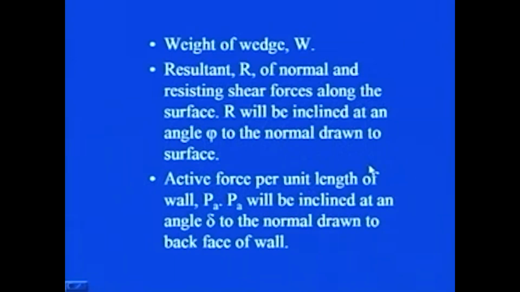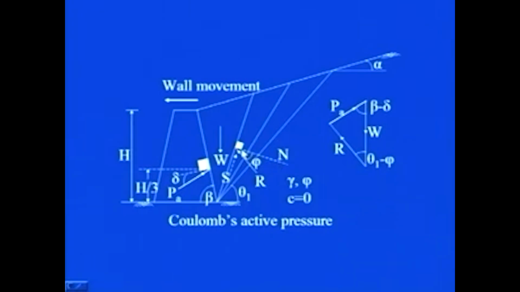R will be inclined at an angle phi to the normal drawn to the surface. In this figure you can see that this is the normal, and from there you make an angle phi, and that will be the direction of R.